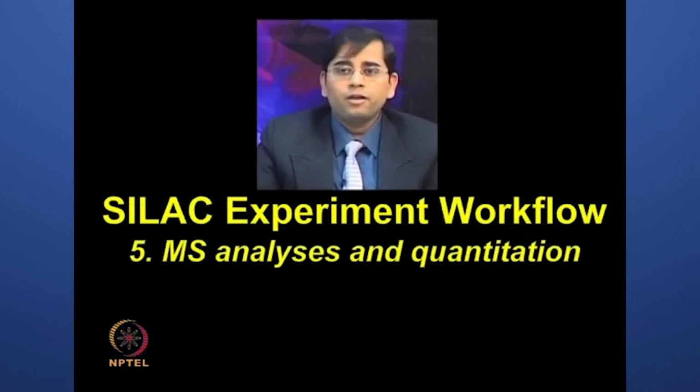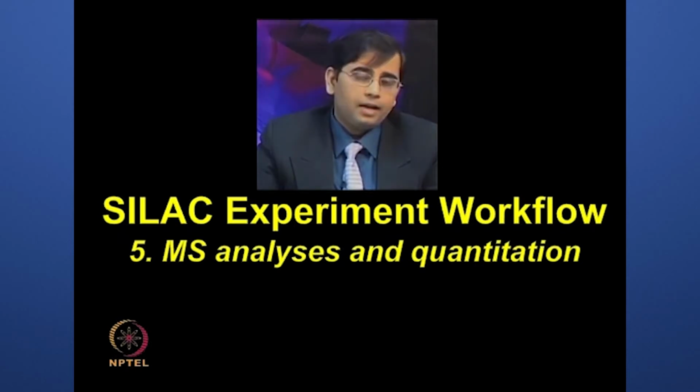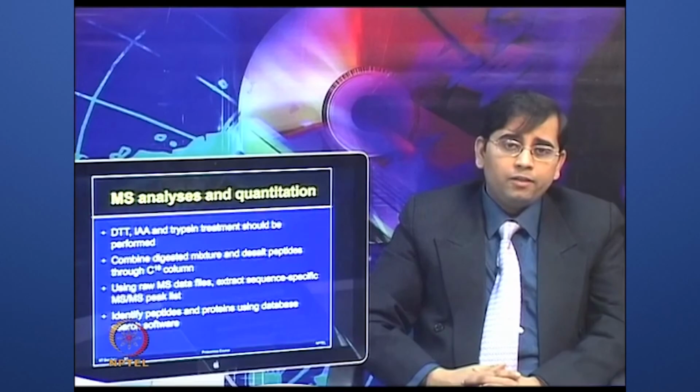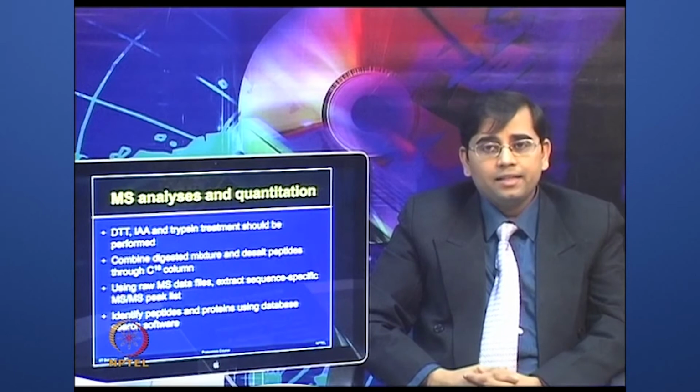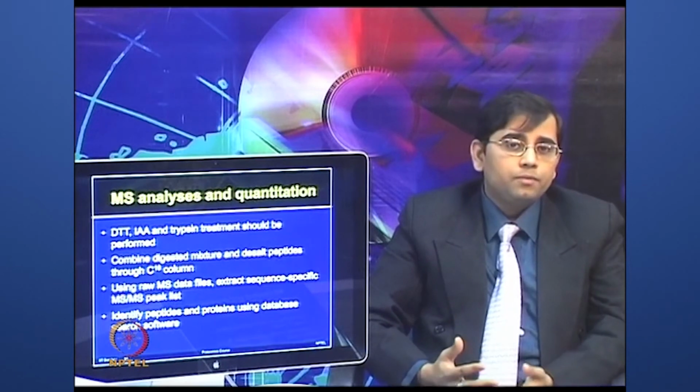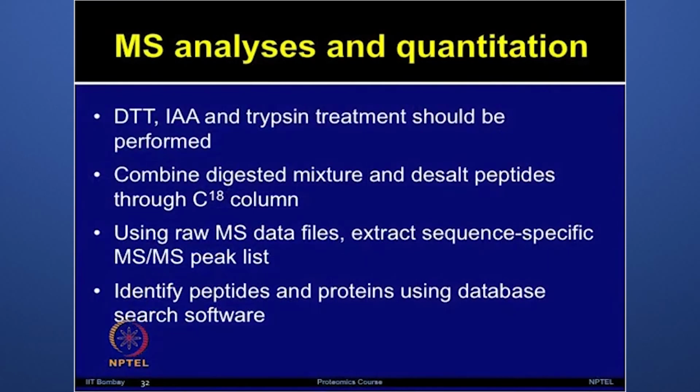In the SILAC experimental workflow, the last and most important point is MS analysis and protein identification and quantification. So, as we discussed earlier, prior to MS analysis, one needs to do dithiothreitol treatment to cleave the disulfide bonds, iodoacetamide treatment for alkylation and trypsinization for protein digestion.